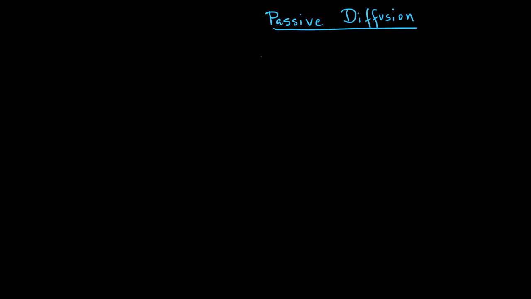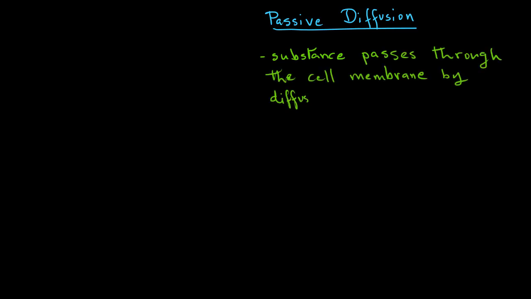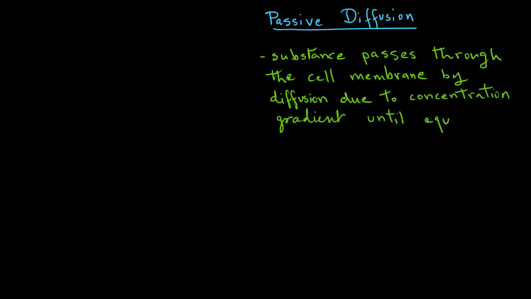The second mechanism of absorption is the passive diffusion. In this case, a substance passes through the cell membrane simply by diffusion due to a concentration gradient, and that transfer continues until an equilibrium in concentration is reached on both sides of the membrane wall.